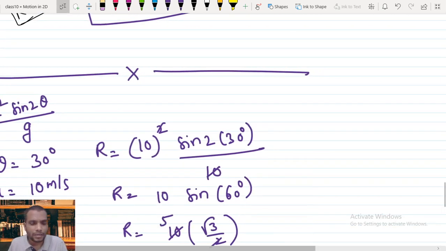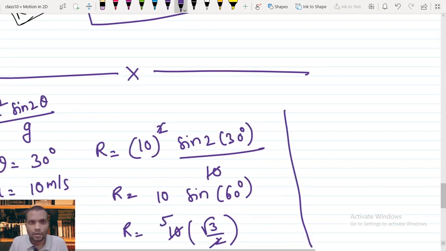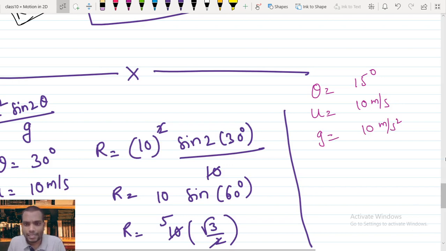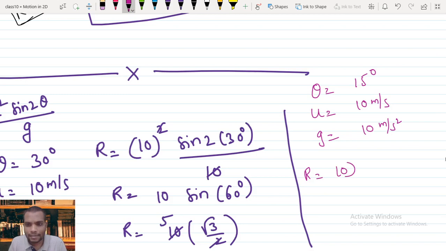Now if I change theta equal to 15 degrees, with initial velocity u equal to only 10 meters per second and acceleration due to gravity also 10 meters per second square, let us calculate the range. r equals 10 squared times sine 2 times 15 degrees upon 10.